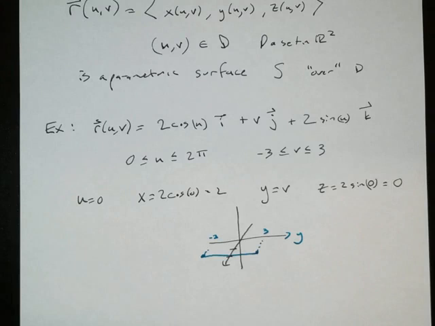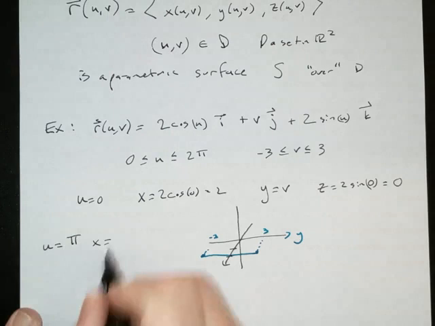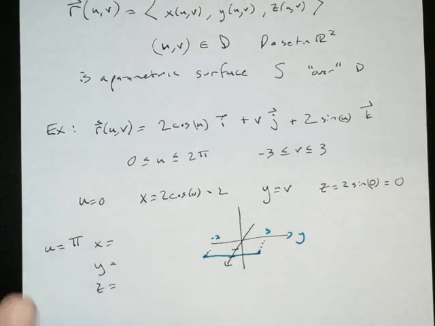Give me another value for you. Any other value you want. Pi, if u is pi, I'll get an x, y, and a z.